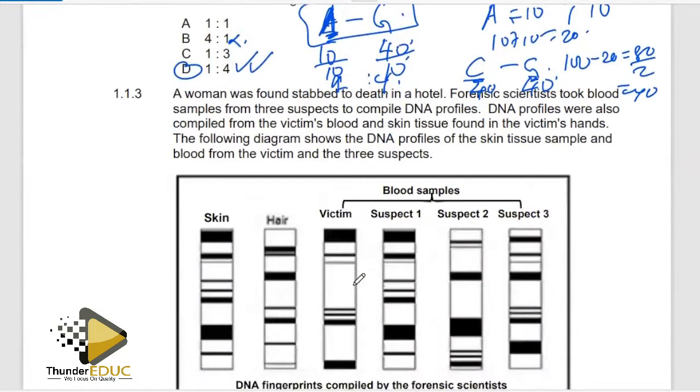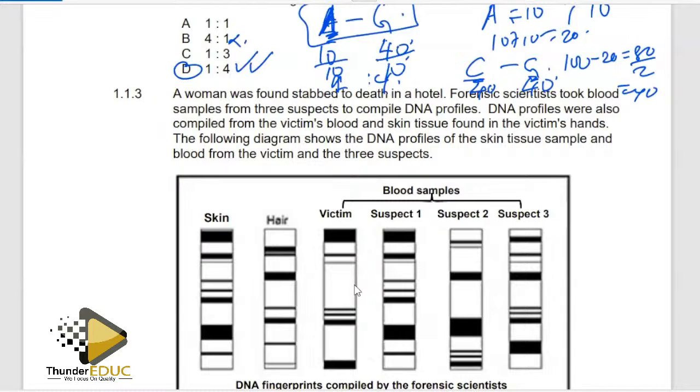They're saying that a woman was found stabbed to death in a hotel. Forensic scientists took a blood sample from the 3 suspects and compiled DNA profiles. The DNA profile was also compiled from the victim's blood and skin tissue found in the victim's hands.